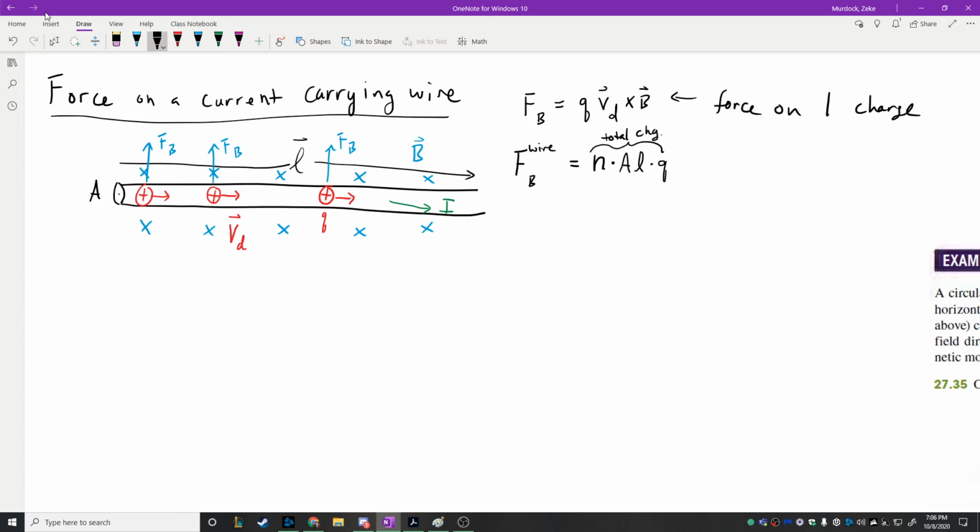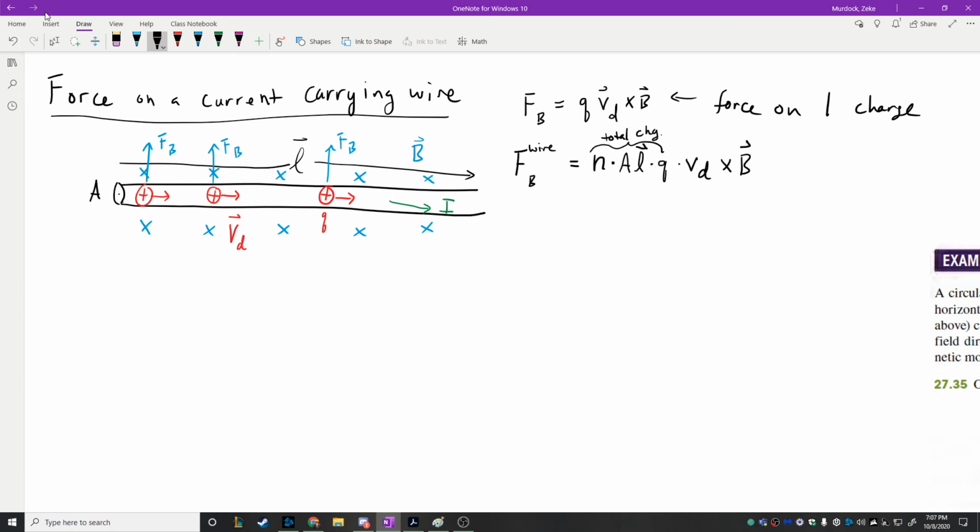And if we have the total charge, and we know that they're all traveling at this drift velocity, then if I take the drift velocity and multiply by the magnetic field, I'm going to get the net force acting on the wire. Now, we've already said that the drift velocity is to the right, but what I really want to do is pull the velocity vector off of this and put it onto the length vector.